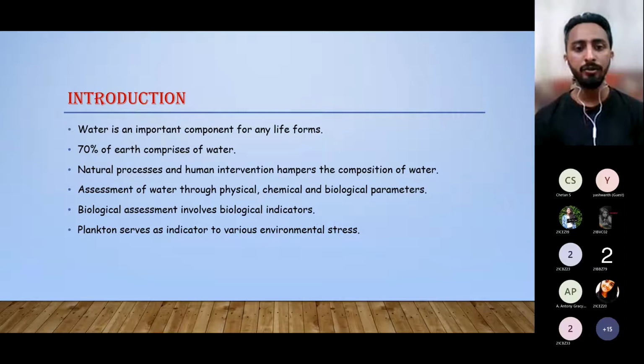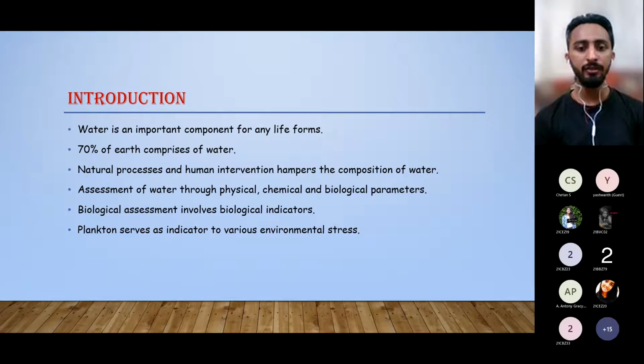In order to assess the degree of this intervention, be it human or natural, various assessments are required, and these assessments can be categorized into physical, chemical, and biological parameters. Most of the biological parameters being assessed are in the form of indicators.